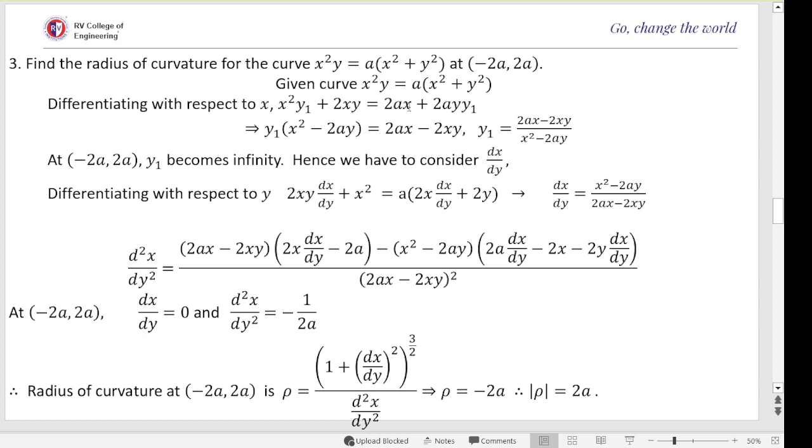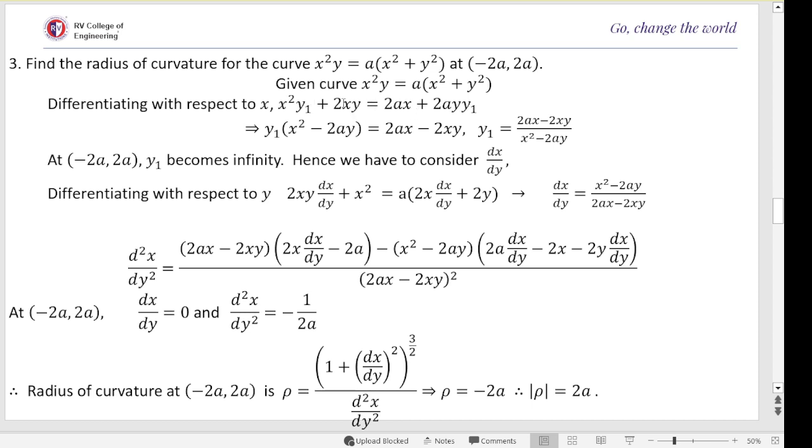So 2ax plus y square derivative is 2y into y1 into a, so 2ay y1. Now here you can see that the left hand side has y1 and the right hand side also has y1. So you need to send y1 together.